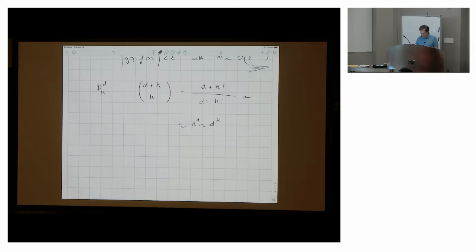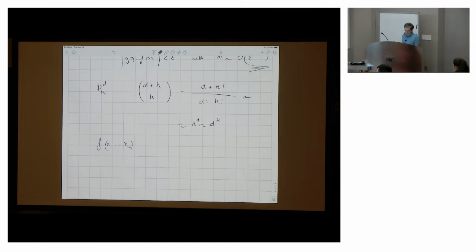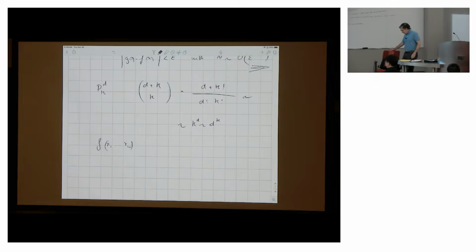Another way to think about curse of dimensionality: suppose you have a function of 10 variables, and suppose you represent it, which is the simplest representation of a function, as a table of values. You have to decide how fine your discretization will be for each dimension.